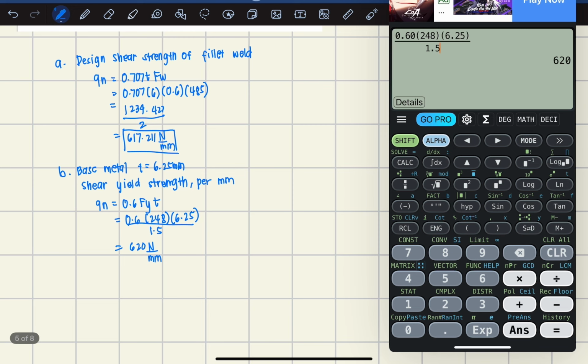Then, di pa tayo tapos. Kumpitin naman natin yung shear rupture strength per mm.